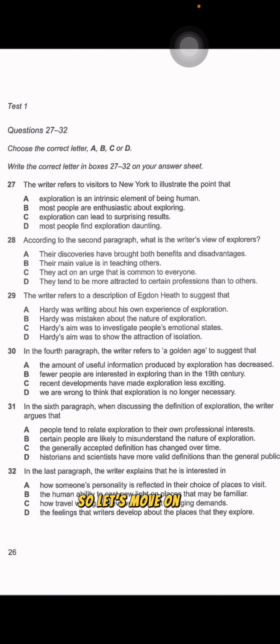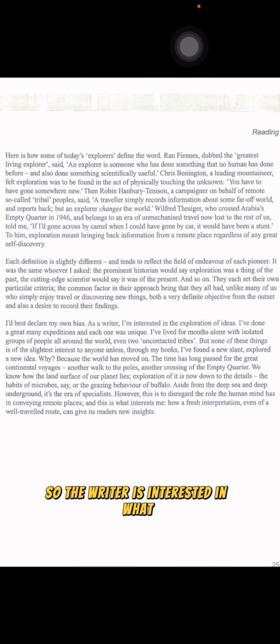So let's move on to question number 32. In the last paragraph, the writer explains that he is interested in. So the writer is interested in what? I'd best declare my own bias. As a writer, I'm interested in the exploration of ideas.